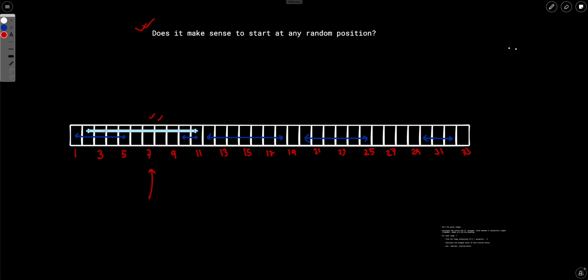Let's say we are starting from the middle of a range. Basically 1 to 5 has a tile, but we say we will start the carpet from 2. Does it even make sense? If we start the carpet from 2, it is equivalent to starting it from 1.